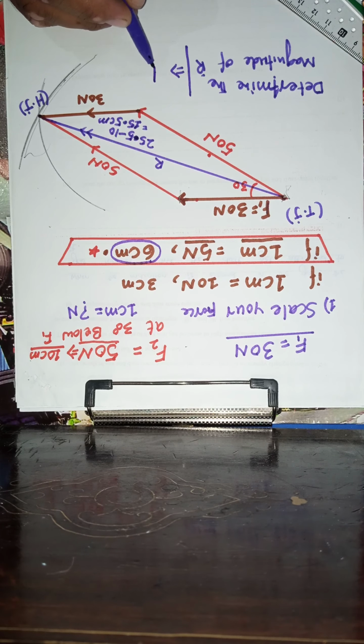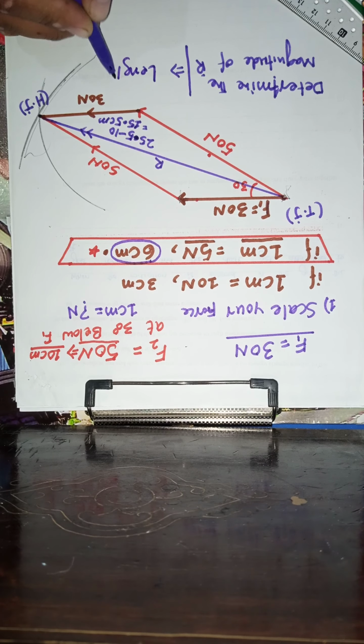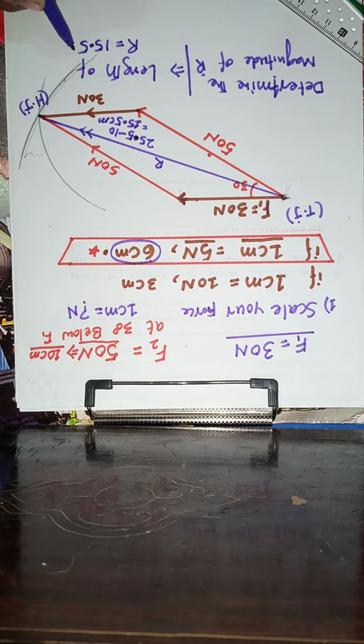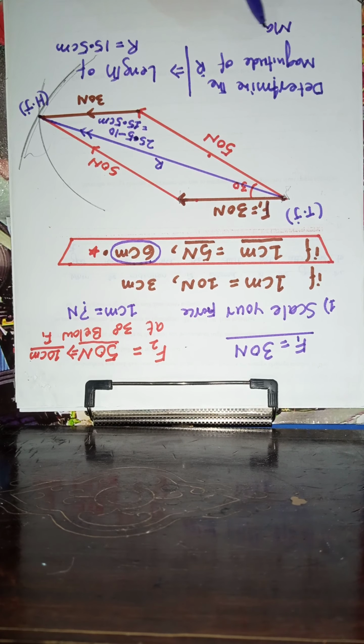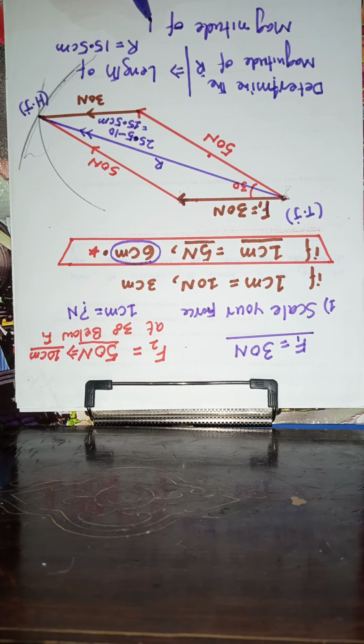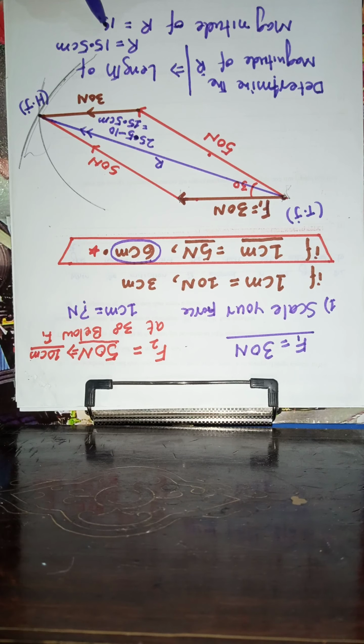So here the length of resultant, the length of R, is equal to 15.5 centimeter. So it shows that the magnitude of R is equal to 15.5 times 5. So that will give me the magnitude of the resultant.